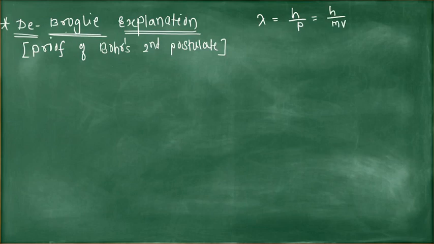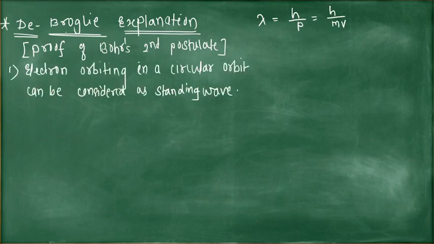Now what is the explanation given by de Broglie? So first point is, electron orbiting in a circular orbit can be considered as a stationary wave. Means this electron which is revolving in the circular orbit, don't consider this as a particle.